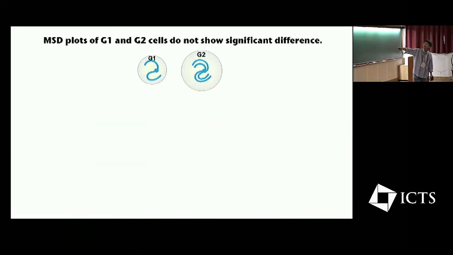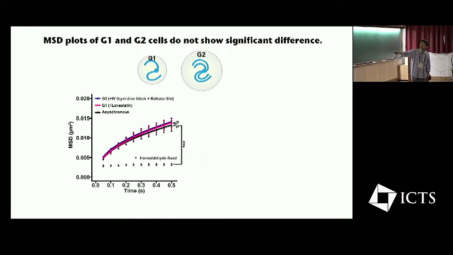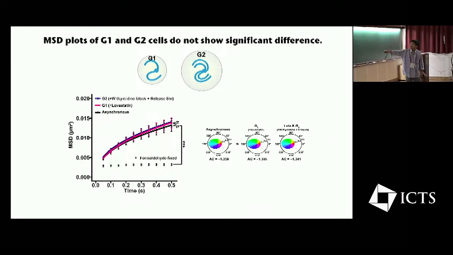The MSD plot showed G1 and G2 cells do not show a significant difference. The MSD plots quite overlapped, and the AC value is also very similar in G1 and G2.